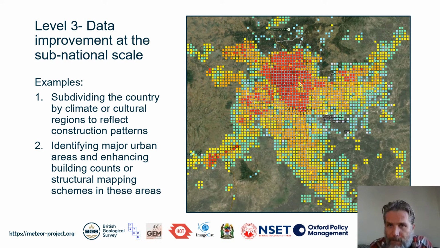I believe this is for Addis Ababa in Ethiopia, where you take a closer look at things like construction patterns, how that might vary throughout a given country, and what the difference in fragility would be in a given state that might have done quite a bit of work on hazard mitigation and so forth, identifying major urban areas and enhancing building counts and structural mapping schemes in those areas, particularly in high hazard areas.